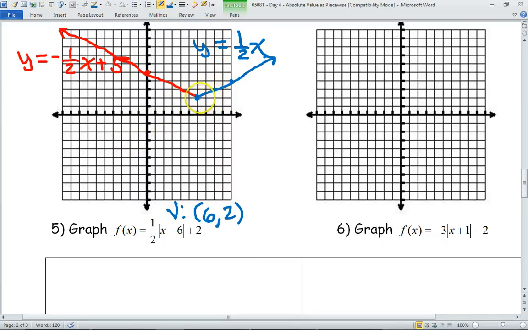If I go down 1, back 2 repeatedly, well, here, this is the point right here. The y-intercept is this guy. So that's negative 1. So 1/2 x minus 1 completes that equation.